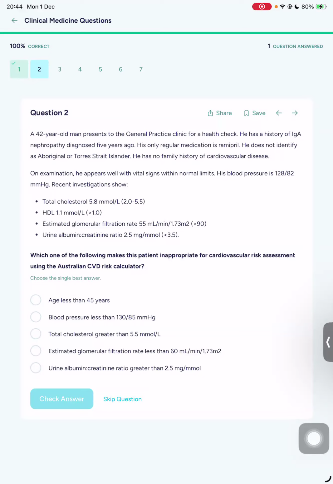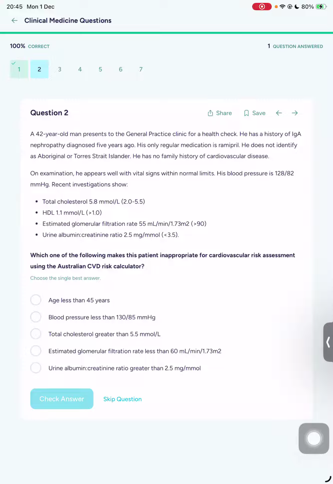Which one of the following makes this patient inappropriate for cardiovascular risk assessment using the Australian CVD risk calculator? Less than 45 years, blood pressure less than 130 by 85, total cholesterol greater than 5.5, estimated GFR less than 60, urine albumin creatinine ratio greater than 2.5.